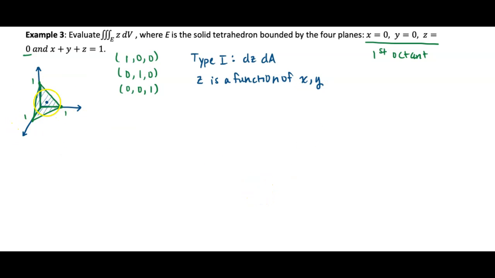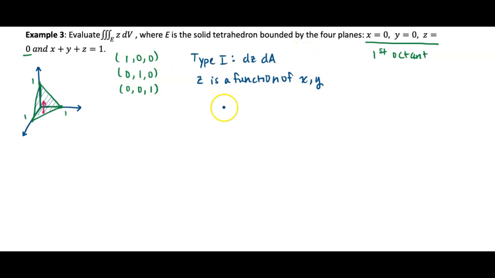So if I look at this region and I say, okay, how can I categorize my height of this tetrahedron at any point? From the base of this thing, well, isn't z always 0 at the base of this? And then what stops my height from increasing is this plane. So this plane is going to be my upper bound.